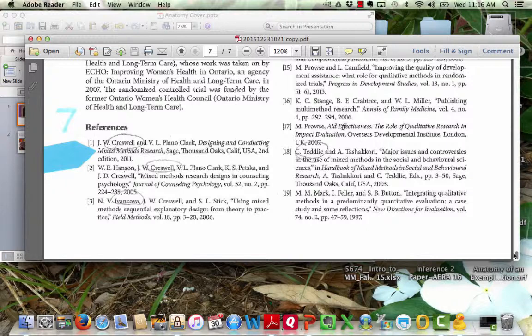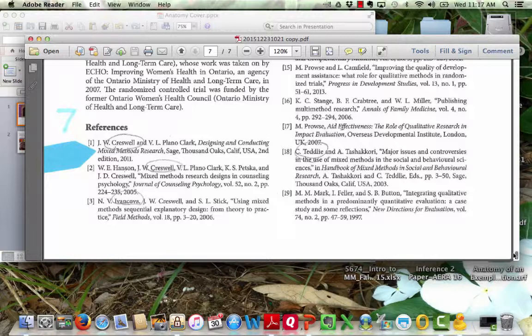So those were: 1, referring to the research as mixed methods in the title; 2, in the purpose statement, establishing the timing and priority of the study by using standard language, concurrent or sequential, explanatory, exploratory designs; 3, being very explicit about the reasons for opting for a mixed methods approach; 4, using a figure that depicts the phases of data collection and data analysis, and those figures are particularly valuable when they show where mixing occurs. 5, being very explicit about the value added statements that talk about what was learned from the qual, what was learned from the quant, and what was gained by mixing.